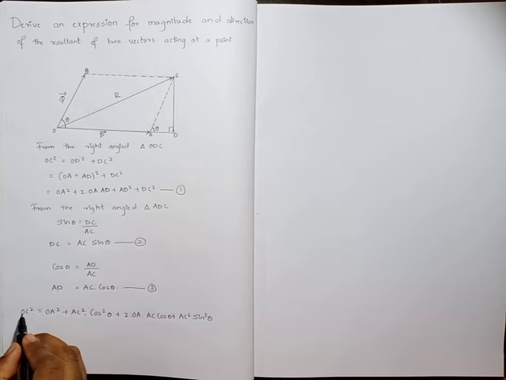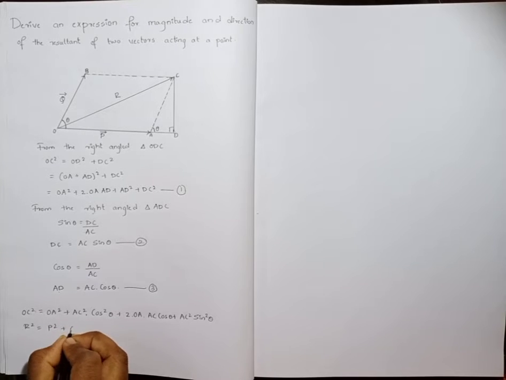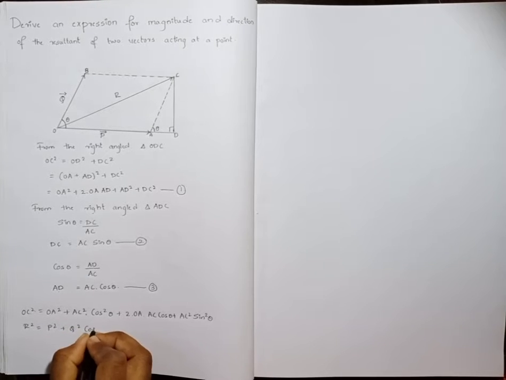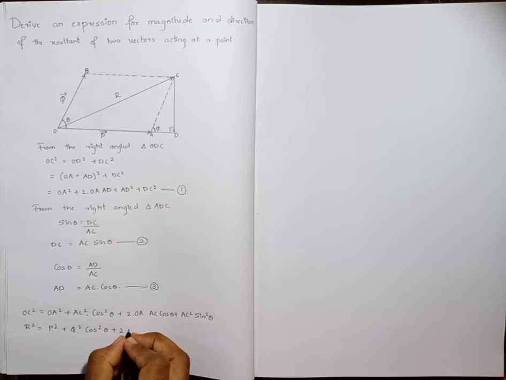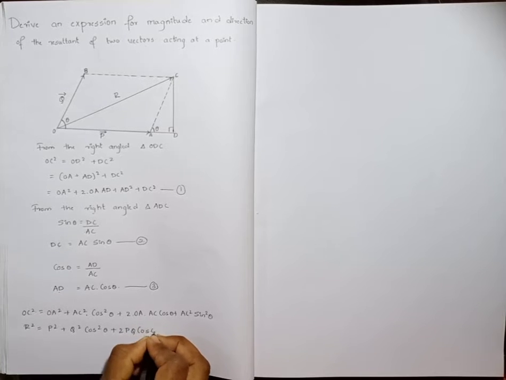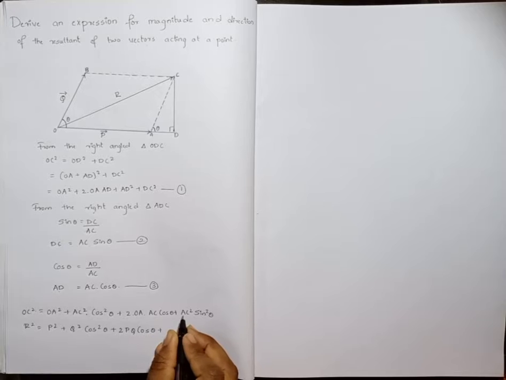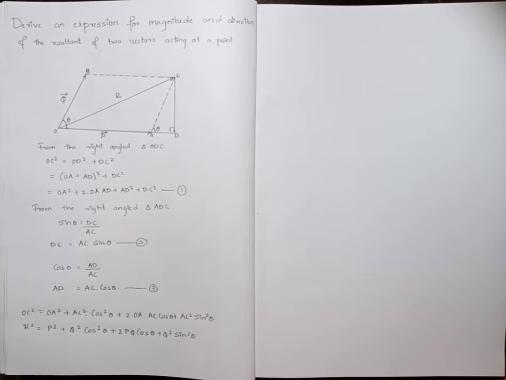Now what is OC square in the diagram? R square is equal to OA square, which is P square, plus Q square cos square theta plus 2 OA, which is again P, AC is Q, cos theta, plus AC is Q square sin square theta.